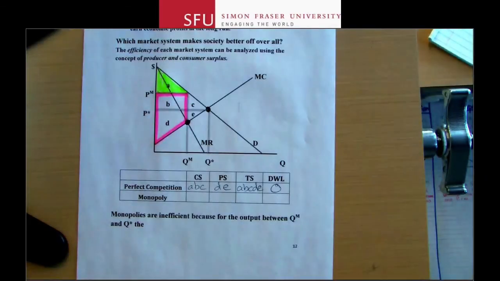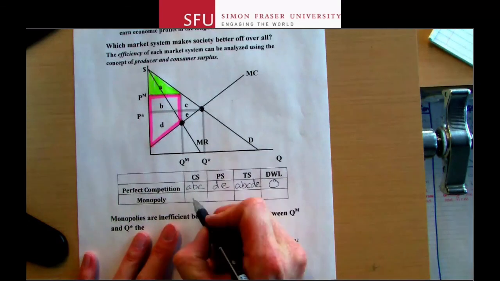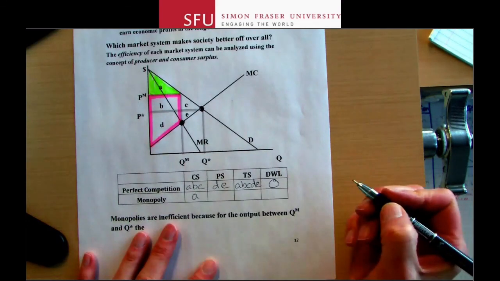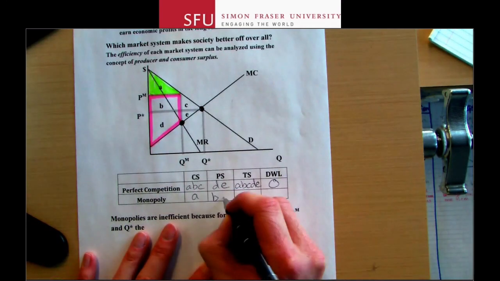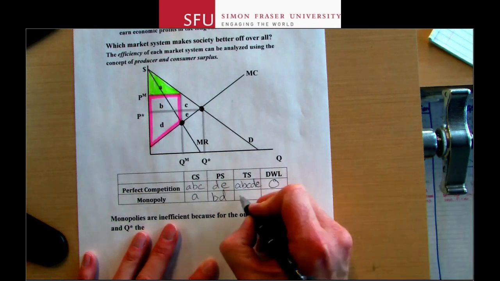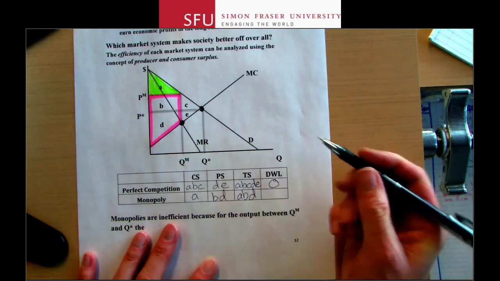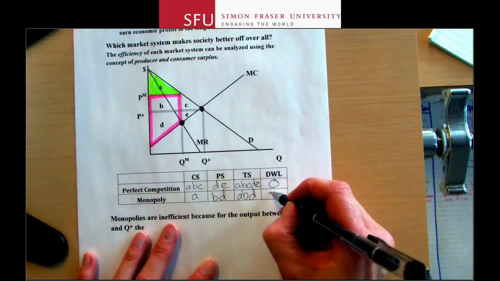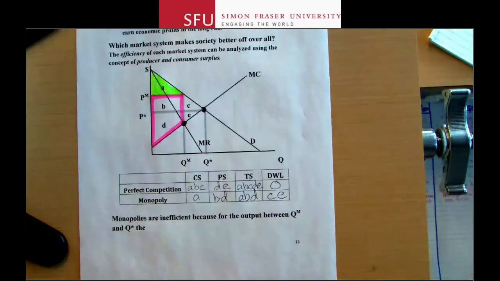So that would be the producer surplus. Okay, so consumers get A, the monopolist gets B and D, so total A, B, D, and therefore we have the deadweight loss, C and E.